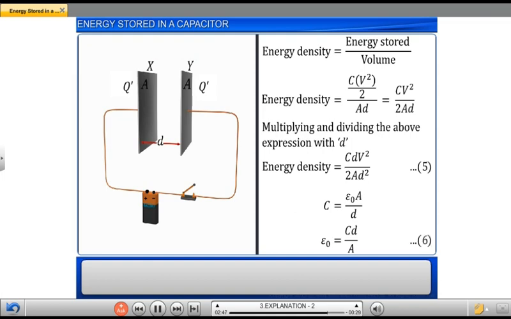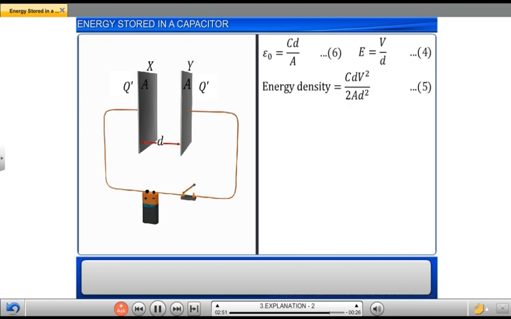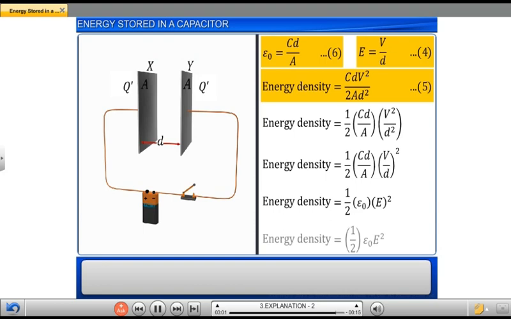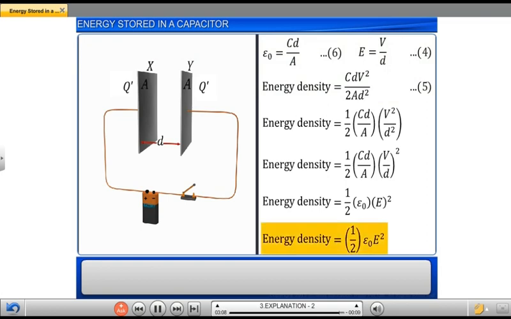Let this be equation 6. Substituting equations 6 and 4 in equation 5 and simplifying, we get energy density is equal to half epsilon naught into E squared. This equation for energy density holds good for the electric field of any charge configuration in general.